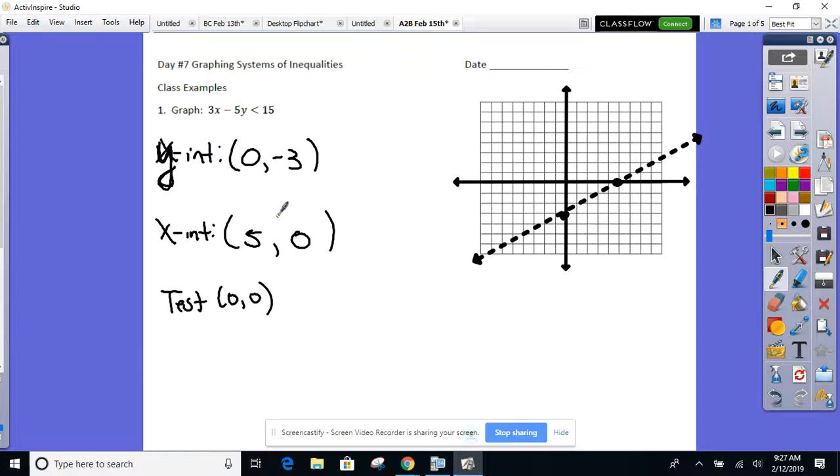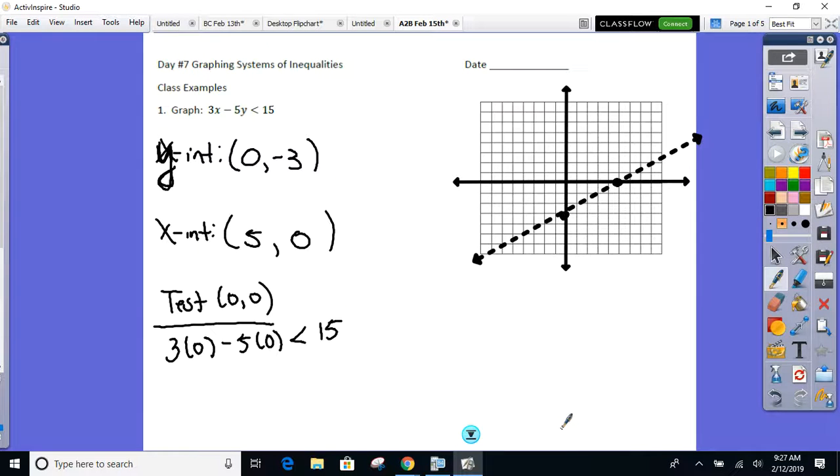I'm going to plug 0 in for x, 0 in for y right now. 3 times 0 minus 5 times 0. You got to let me know, true or false. Is that less than 15? Is 0 less than 15? Yes. So guess what? 0, 0 should be in the shaded region.